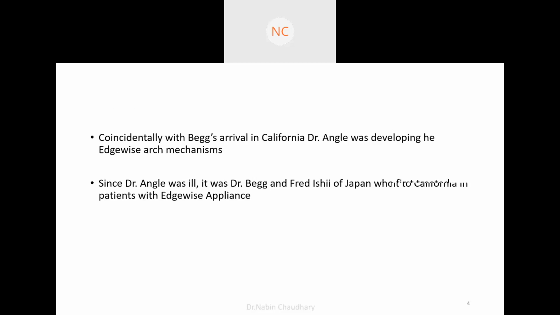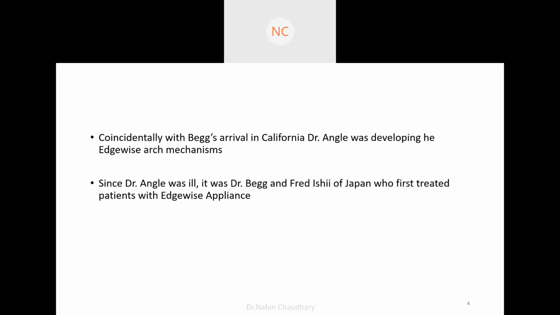At the same time, Dr. Angle was developing the edgewise arch mechanism. Since Dr. Angle was very ill at that time, it was Dr. Begg, along with Fred Sai of Japan, who first treated the patients with the edgewise appliance.